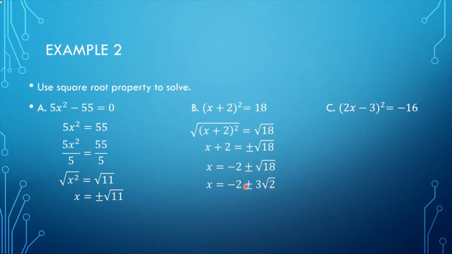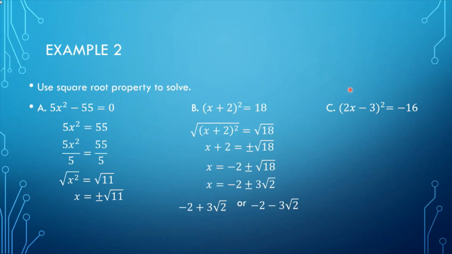So 18 is made up of 9 and 2. Square root of 9 is 3. Square root of 2 would just be square root of 2. And that's it. And you can write these separately. Here it would be square root of 11 or negative square root of 11. Here it would be negative 2 plus 3 square root of 2, or negative 2 minus 3 square root of 2. It's plus or minus, like what I have there.